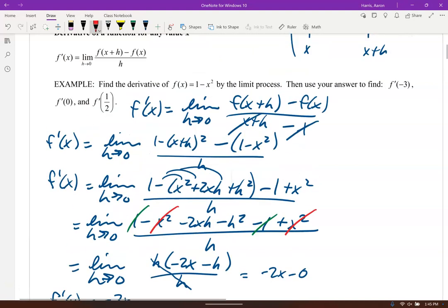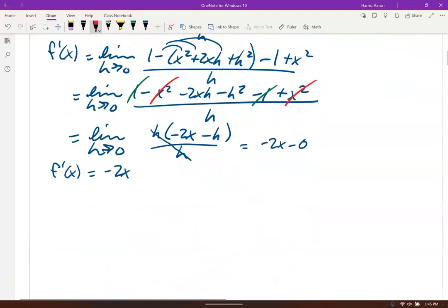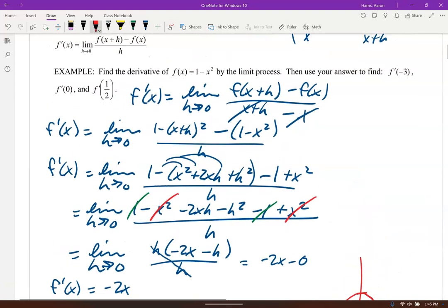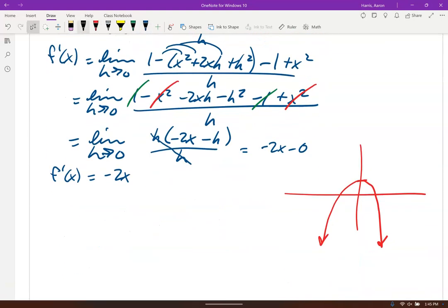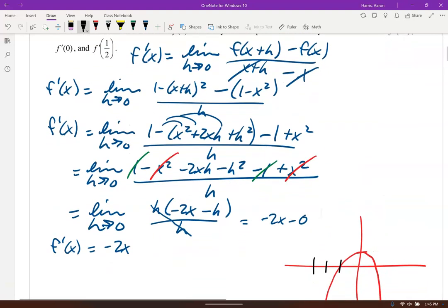Remember, this is the function 1 minus x squared. Let me draw that. Here's 1 minus x squared, right? Looks kind of like that. And they want the derivative first at negative 3, f prime of negative 3. Well, at negative 3, it goes down here, f prime at negative 3.